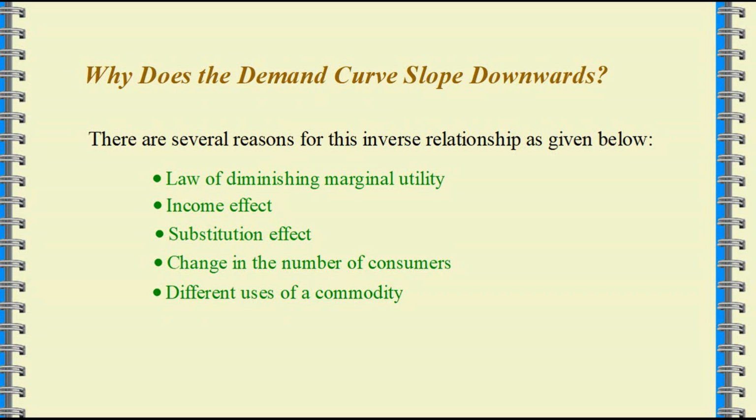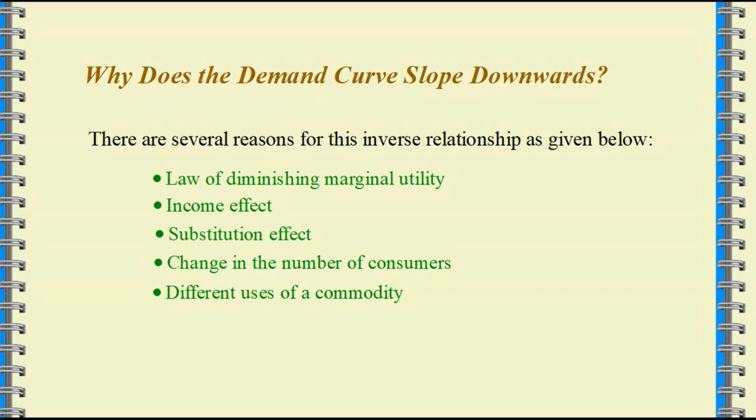There is no change in the amount of income that we are going to spend on the purchase of the commodity. But simply with the price of the commodity increasing or decreasing, that will allow us to purchase more or less quantity of a commodity. The lower the price, the higher will be the amount of commodity that we are going to purchase. But the higher the price, the lower will be the amount of commodity that we are going to purchase.